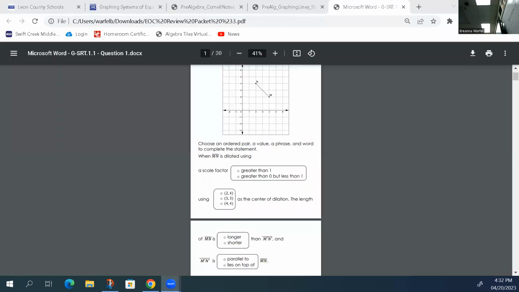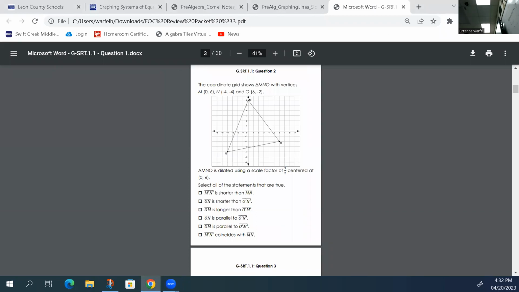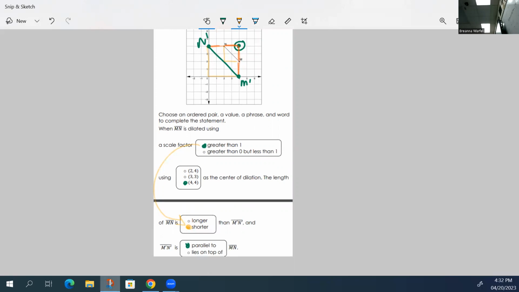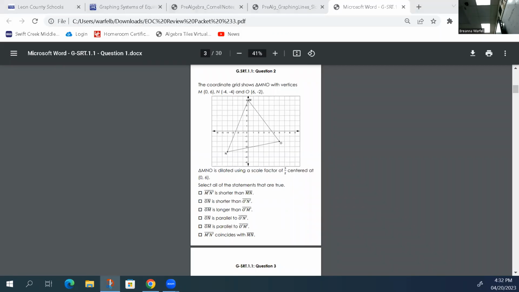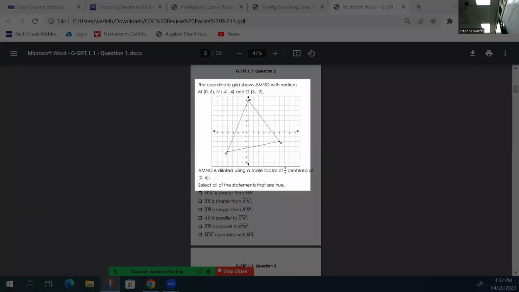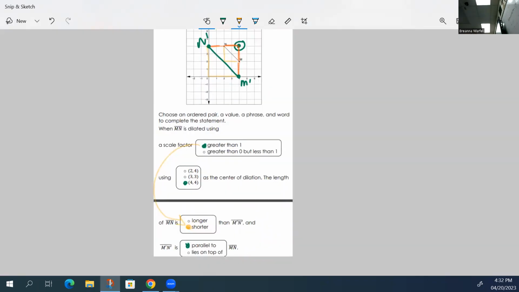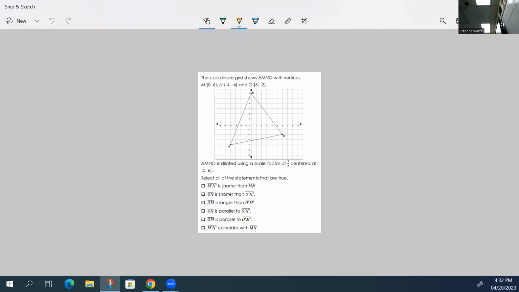All right, so let's look at, I believe this is number 2. Yeah, number 2. This one kind of gets off the graph a little bit, so you can do it on here, but if you wanted it to be neater, you could dilate it on a different sheet of paper.